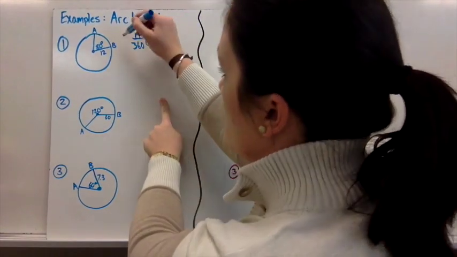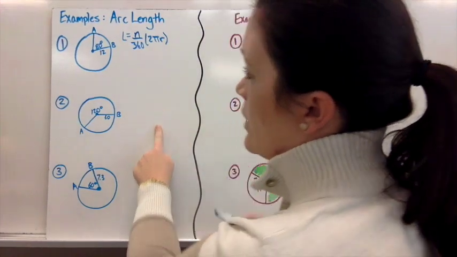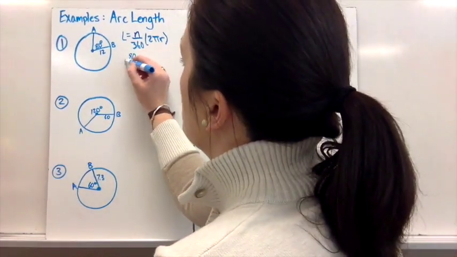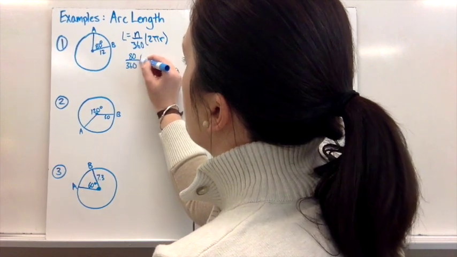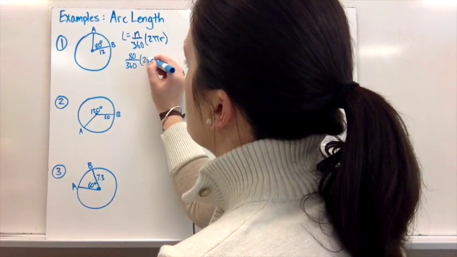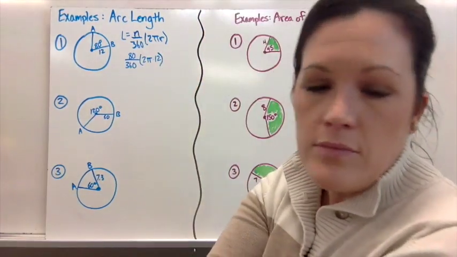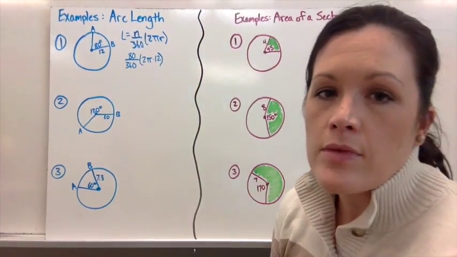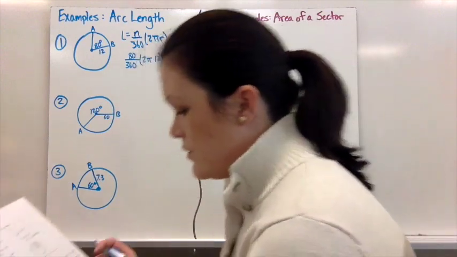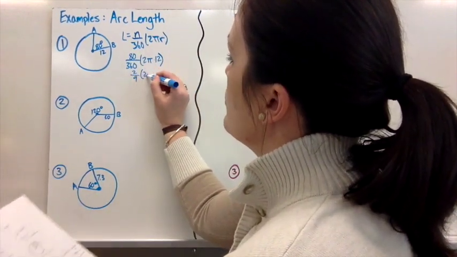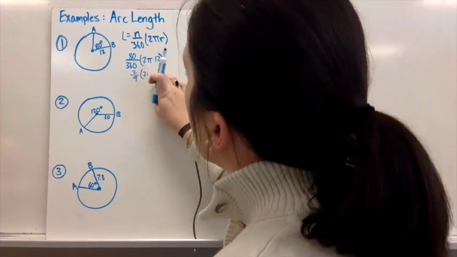So we are looking for the measure of arc AB. I'm going to put 80 over 360 times 2 pi times the radius, which is 12. All right, so that reduces to be 2 over 9 times 24 pi.